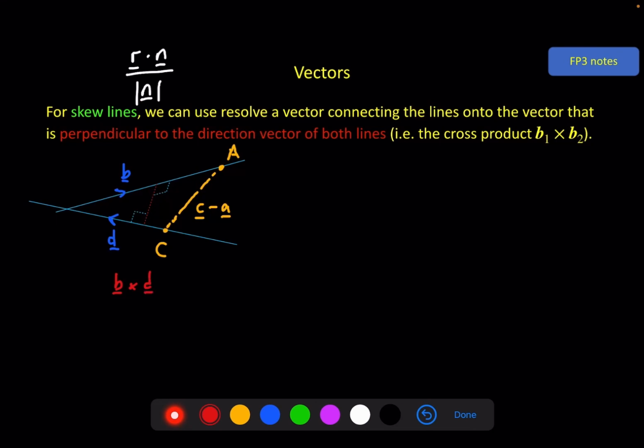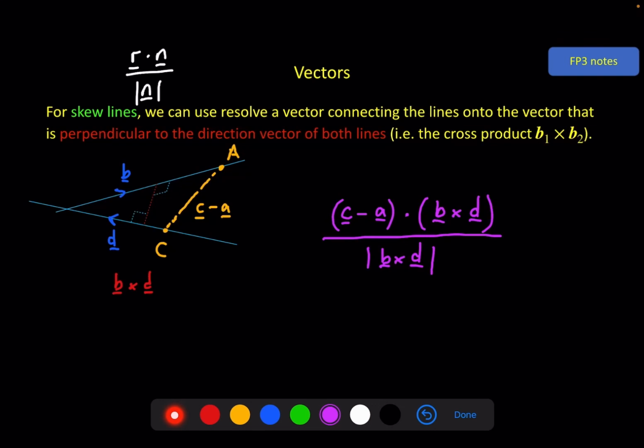Now that by itself doesn't tell us the distance, it just tells us this direction. To find the distance, we need to do the projection of C minus A in the direction of B cross D. So applying this formula here, we end up with C minus A projected in the direction of B cross D. And we have to divide by the magnitude of that thing that we're projecting in the direction of.